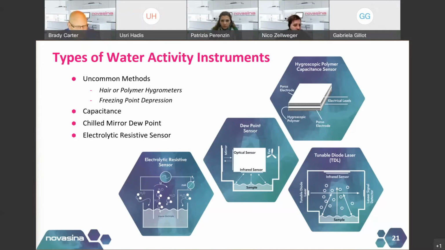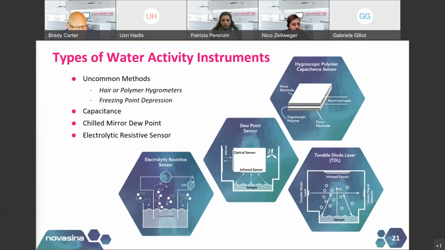Every method for measuring water activity depends on measuring the conditions in the head space once vapor equilibrium has been achieved. And that's key, because that's what dictates the test time of water activity, is how long for product it takes to get to vapor equilibrium, which again is very product specific. But this hygroscopic polymer basically, as the polymer itself goes to different water activities, as it equilibrates to whatever the water activity in the chamber is, then there will be a subsequent change in the electrical properties of that hygroscopic material.